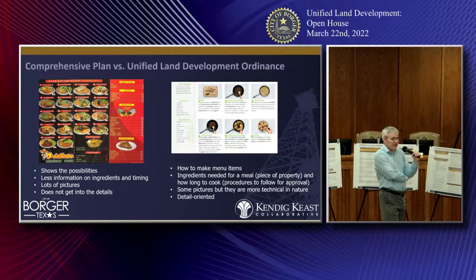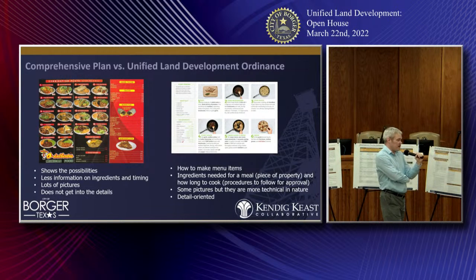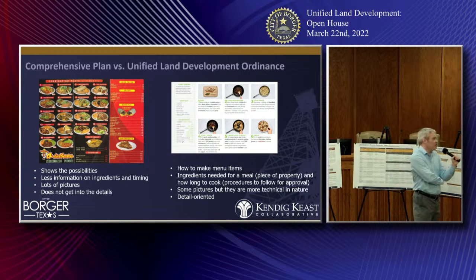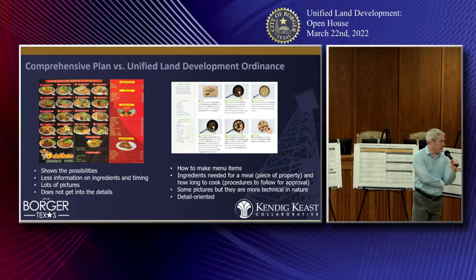In the ULDO, it has standards in it that bring to life the policies that are set forth in those 3 plans we were working on. So a plan, like a comprehensive plan, might say that in the future, Borger wants to grow more affordable housing and have more affordable housing.